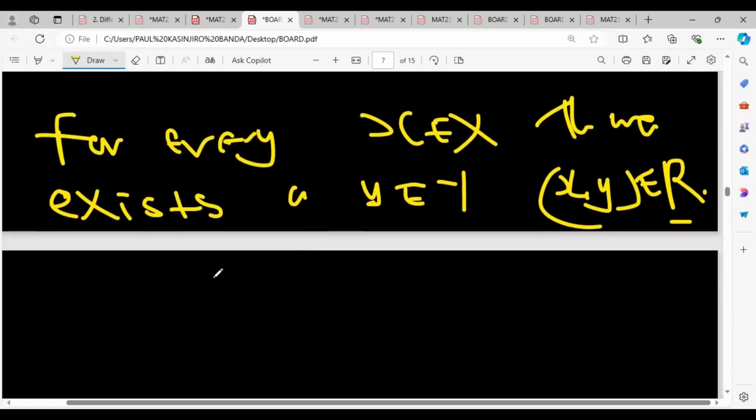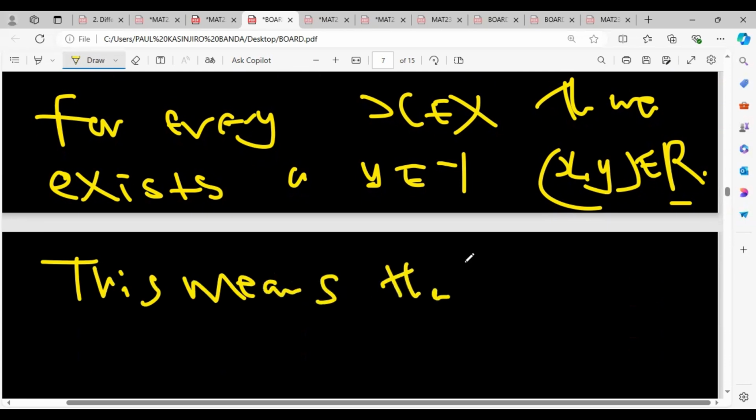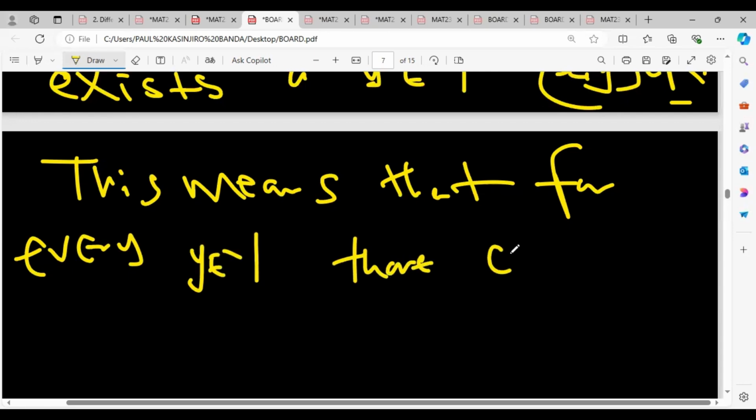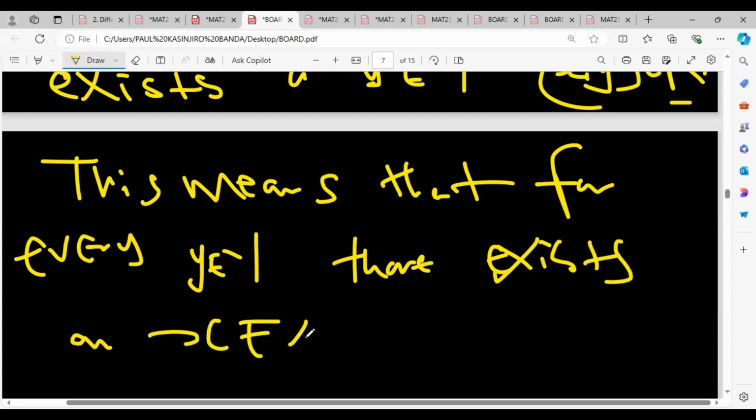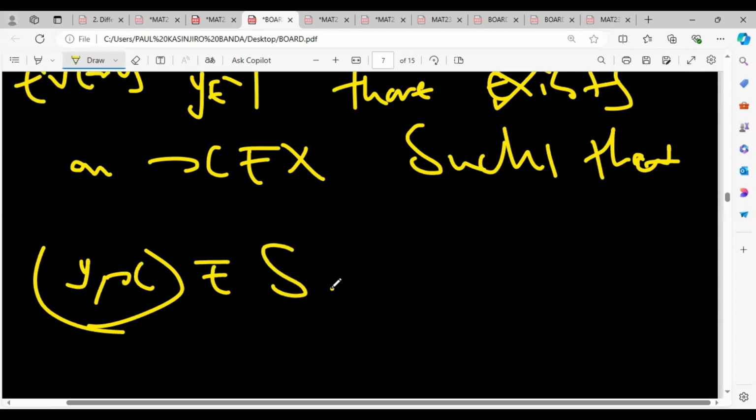So we can actually say that this means that for every Y in the set Y, there exists an X in the set X such that the coordinates (Y, X) is actually a member of S. So this actually proves that, hence, S is onto.